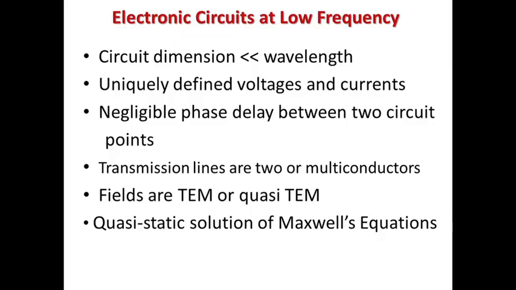At lower frequencies than microwave frequency, the circuit dimensions or components used in an electronic circuit are quite small compared to the wavelength, because the low frequency wavelength is quite large.